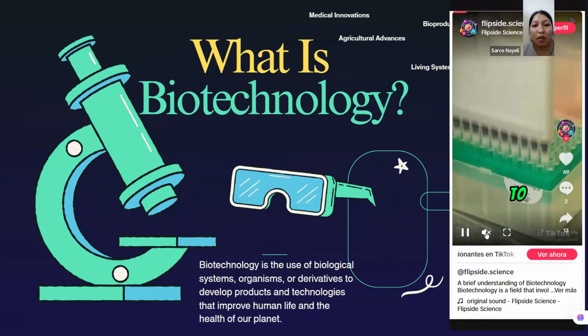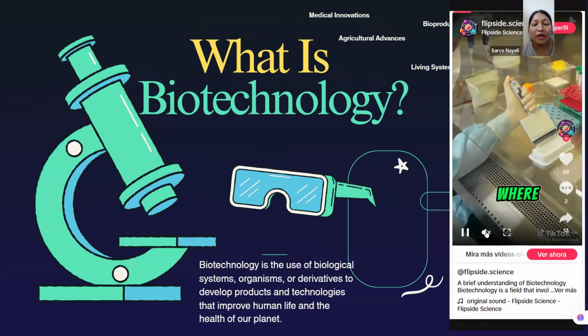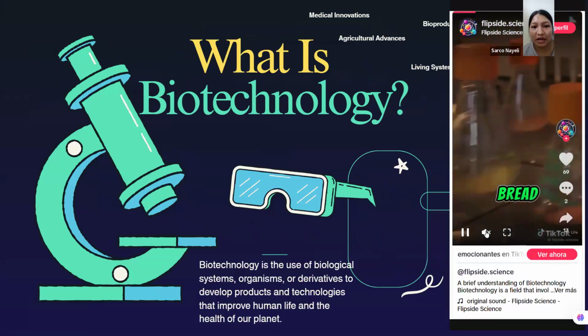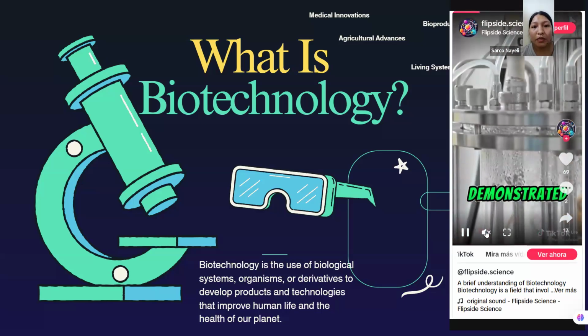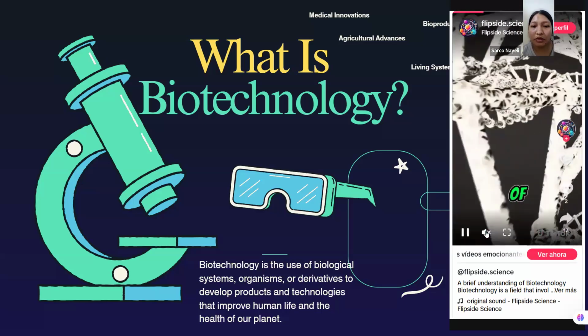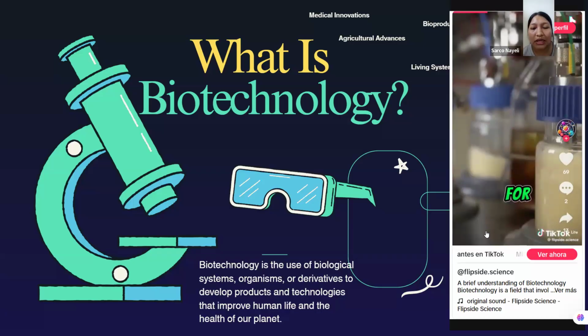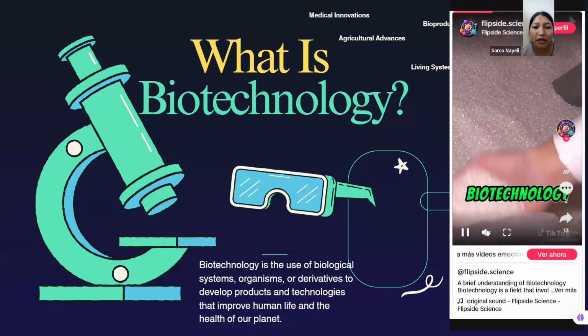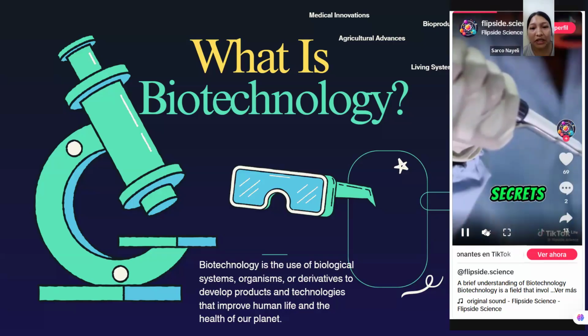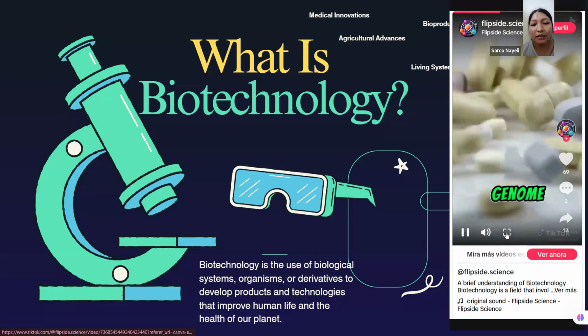It plays an important role in areas such as medicine, agriculture, and genetics. Now we are going to watch a short video to understand biotechnology in a clearer and more practical way. Please pay attention and take notes.